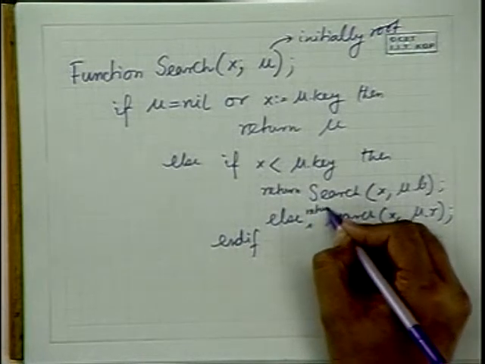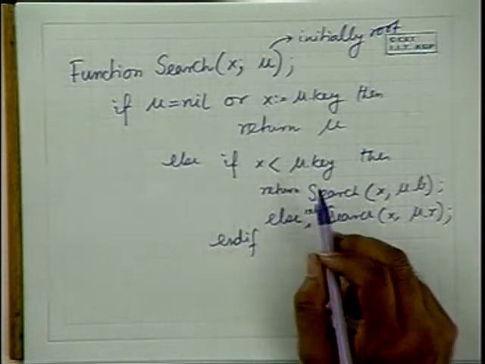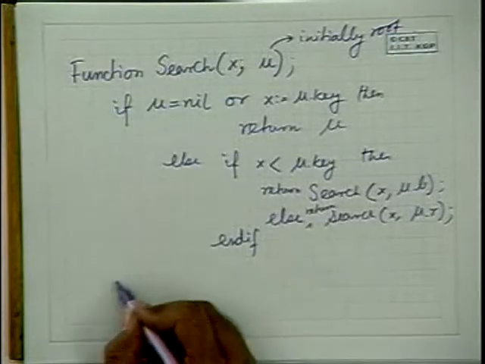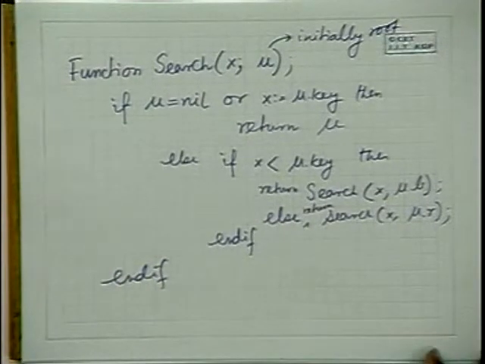I am not bothered with the syntax of how you write it; these are implicit. Return. End if. Now here also another end if. So that's it. This is your algorithm for searching an element. Either you go to the left or to the right of the tree.